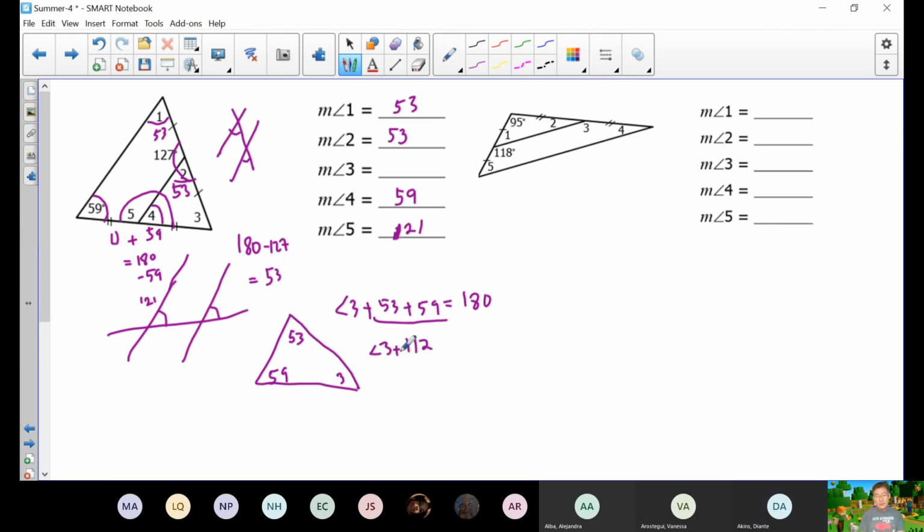Angle 3 equals 180 minus 112, which is 68... 60. Angle 3 is 60.